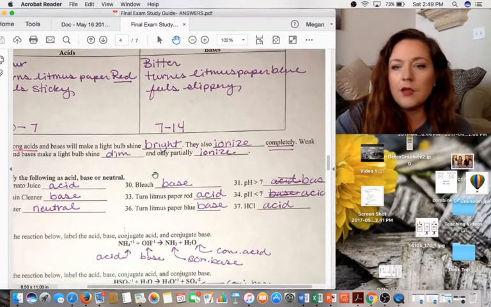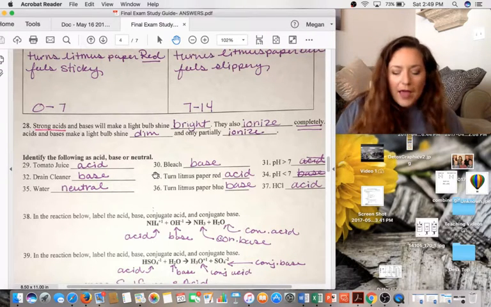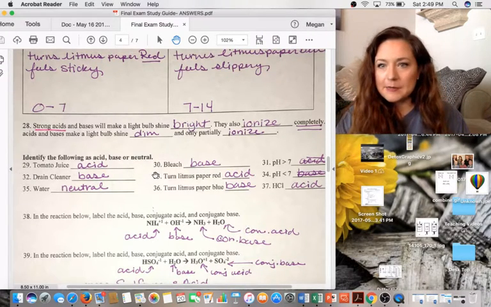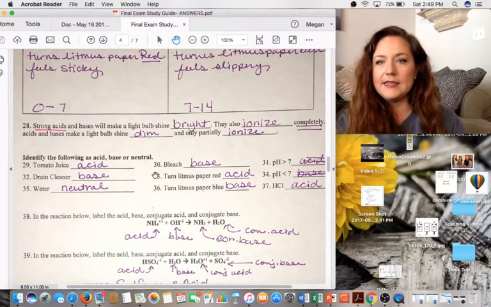Then, for weak acids and weak bases, the light bulb shines dimly. That is because they don't fully ionize.